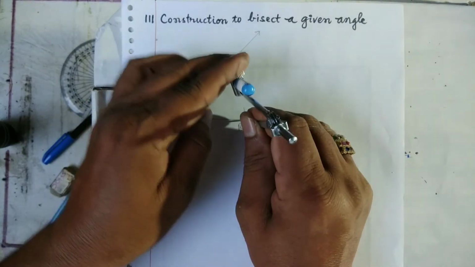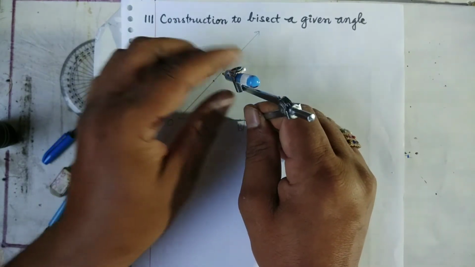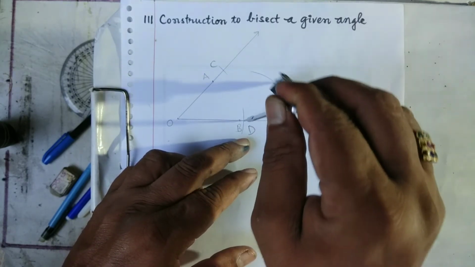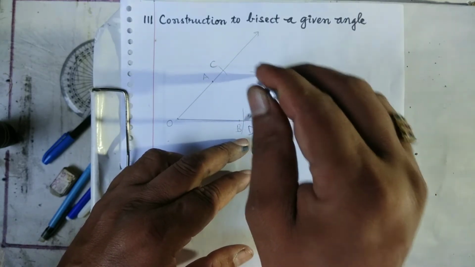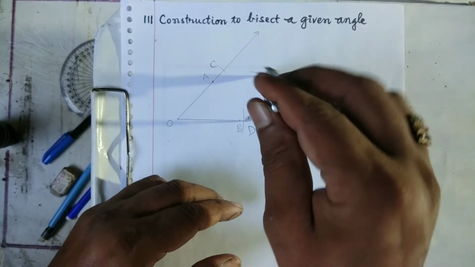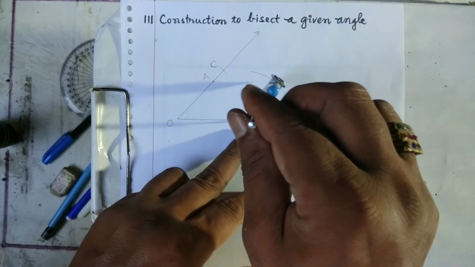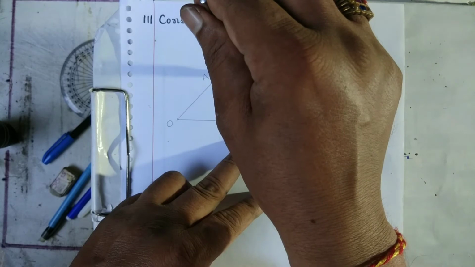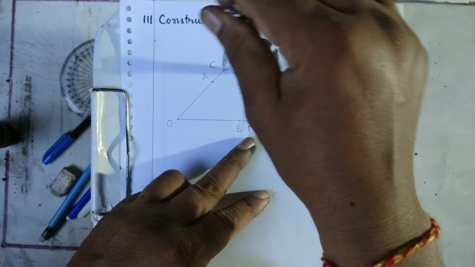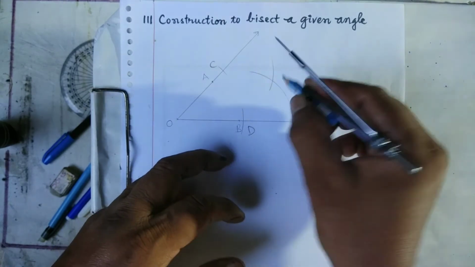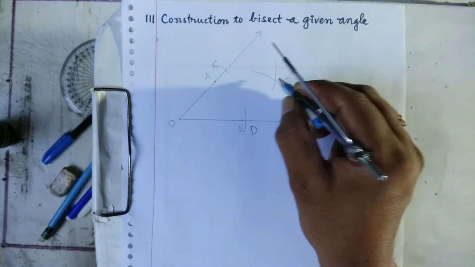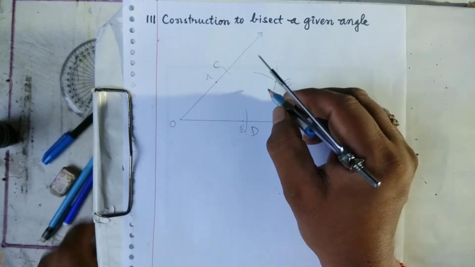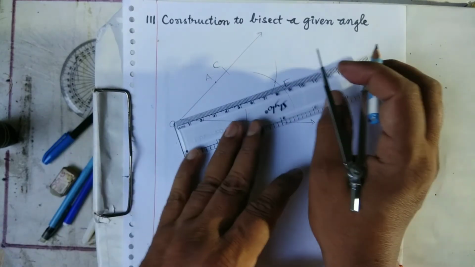Again draw an arc interior of this angle, D as center. Now C as a center, cut the existing arc at E. Now draw OE ray.